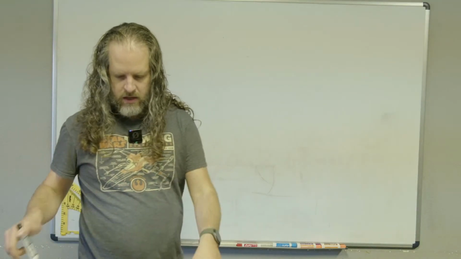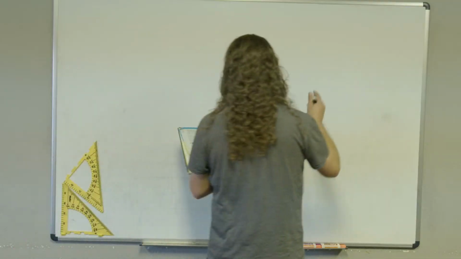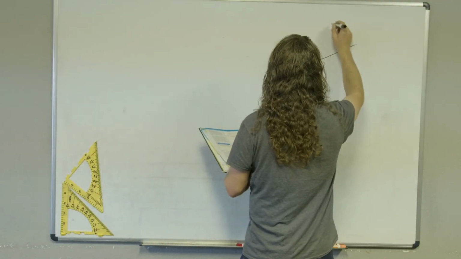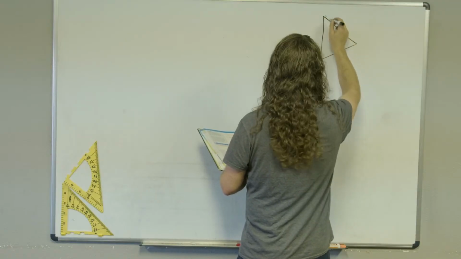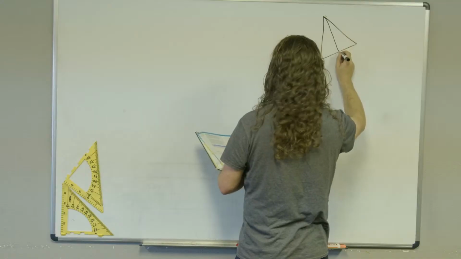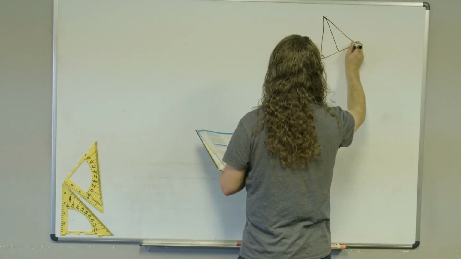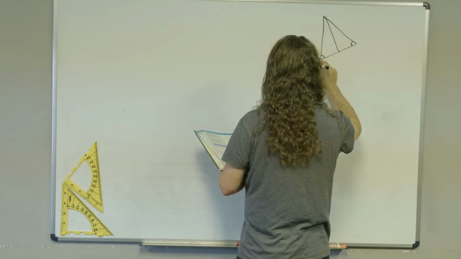All right, we got a triangle that looks more or less like this, that has this, that kind of looks like a median, which I don't know what that means yet, but you will next chapter.